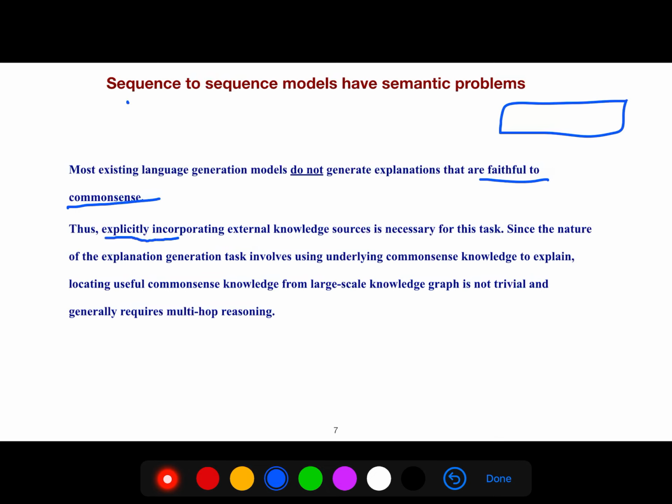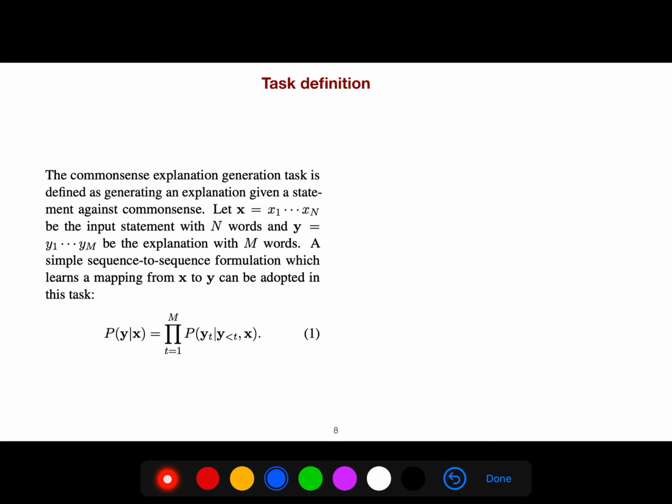Thus explicitly incorporating an external knowledge source is necessary for this task, since the nature of the explanation generation task involves using underlying common sense knowledge to explain. Locating useful common sense knowledge from a large-scale knowledge graph is not trivial; in general it requires multi-hop reasoning.